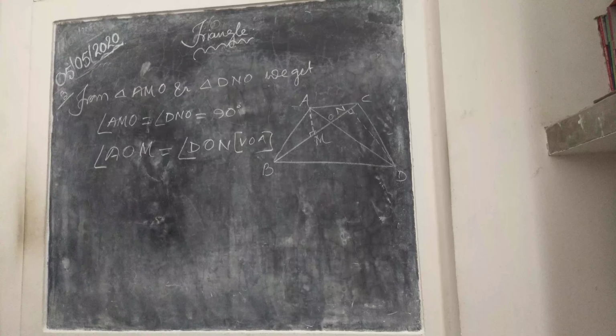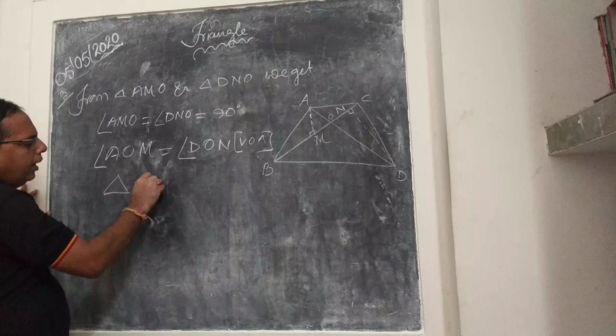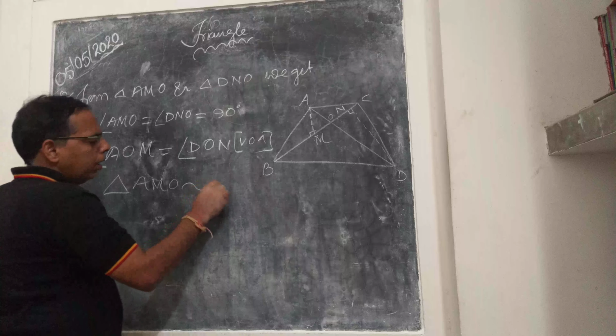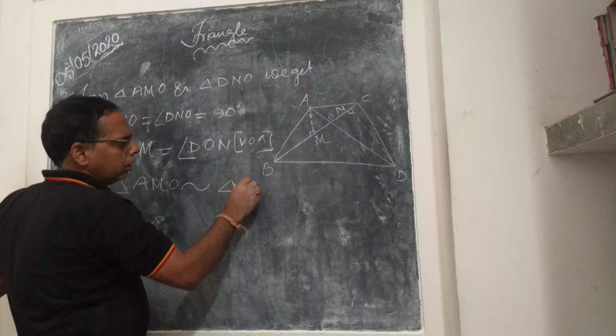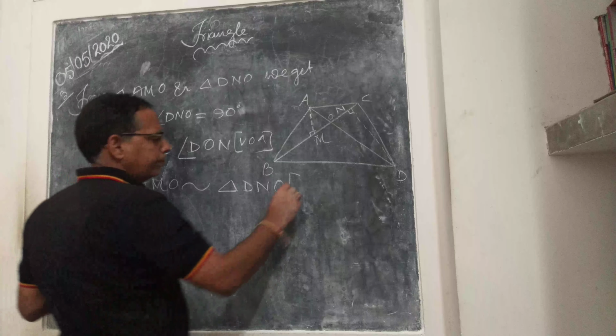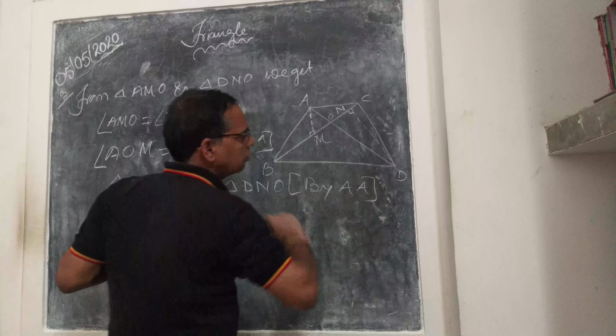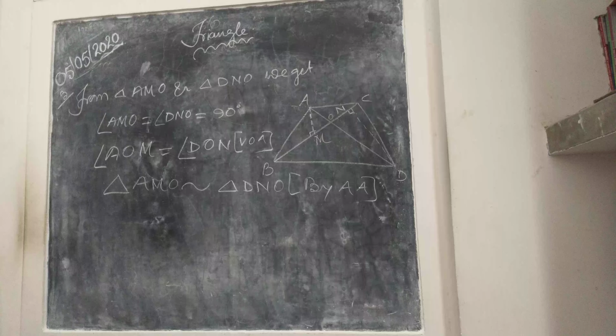Then you see, triangle AMO is similar to triangle DNO. Now then what can we write? We can write that AM by DN equal to AO by OD.